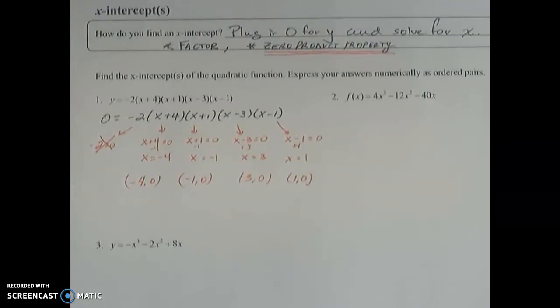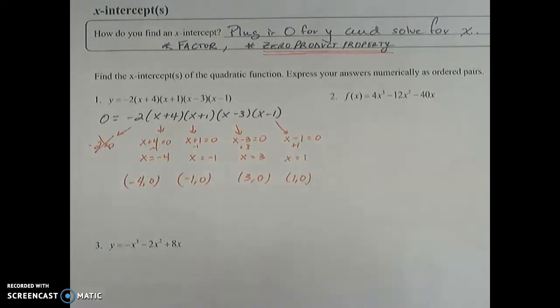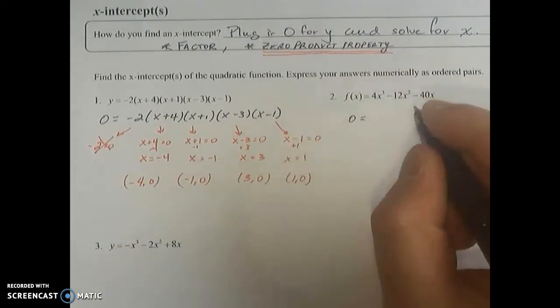Okay. These would be where the graph crossed the x-axis if you were to graph this, and we'll put all that together by the end of the unit. Also, if we were giving you a graph and you were trying to identify where those x-intercepts were, you'd be able to do that. All right, so number 2, we'll again plug in 0 for y.